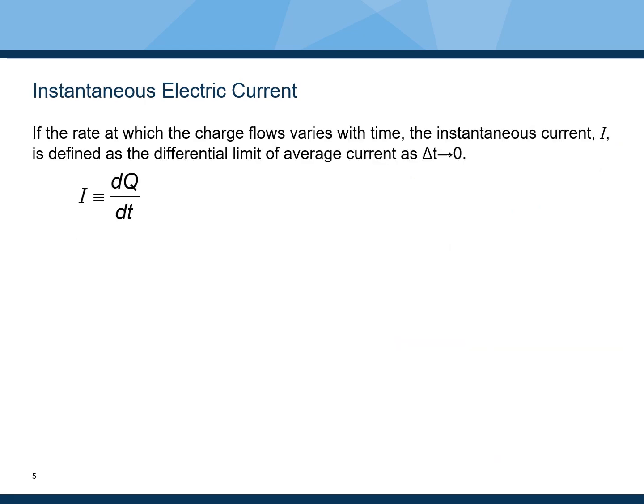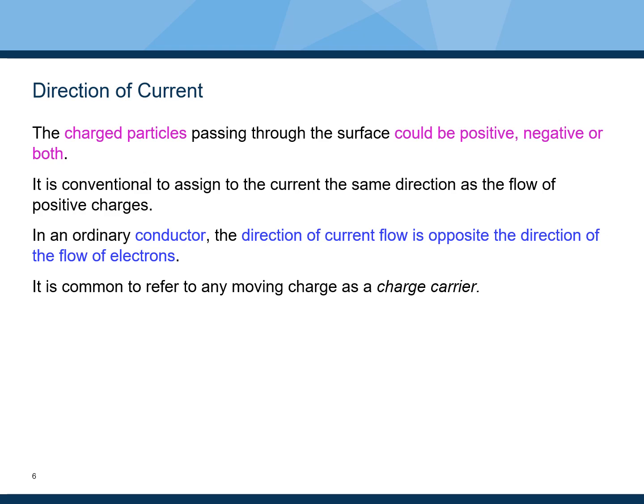And in this next transparency, we're going to firm up our understanding of current by saying that we can use calculus to go to the limit, and that allows us to say that the best definition of current is to write it as dq by dt. So let's reaffirm that in various materials, you could have positive or negative charge carriers.